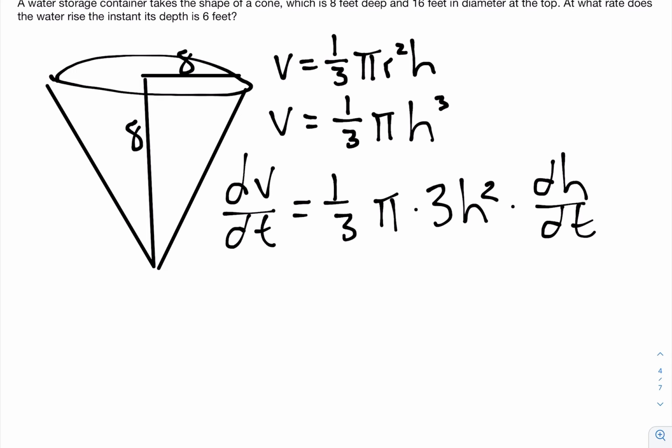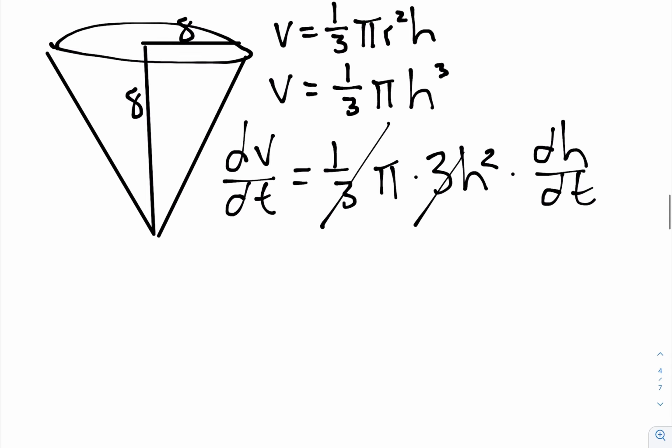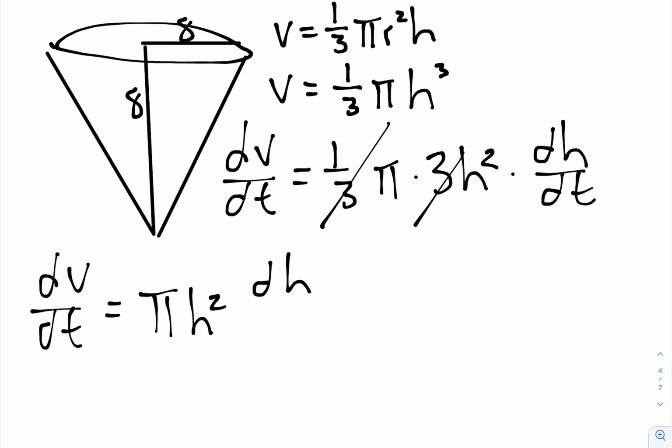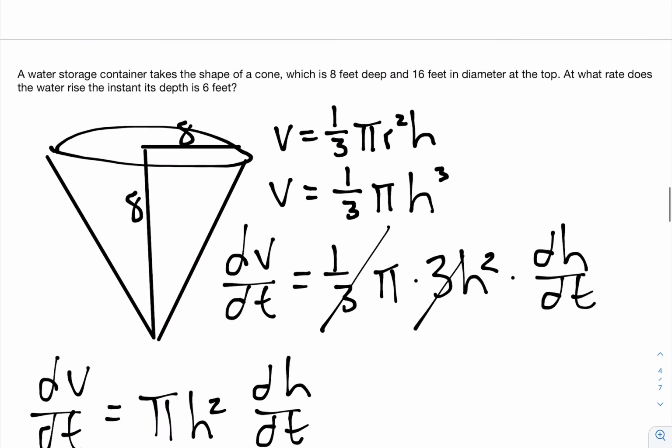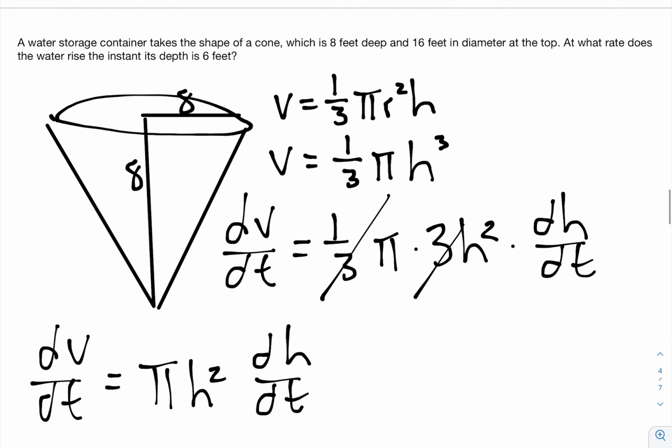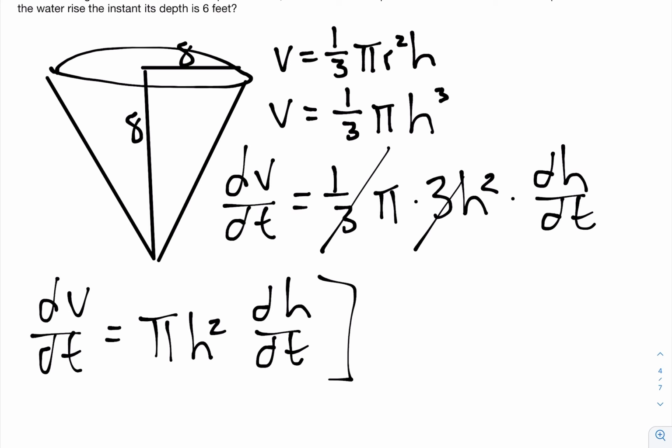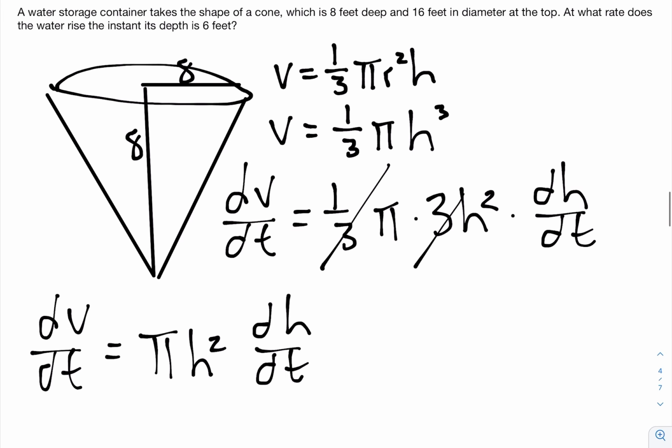So this is going to be nice because the 1/3 and the 3 are going to cancel. So dV by dt is going to be pi h squared dh by dt. So we're looking for what rate does the water rise. So we're looking for dh dt right here. That means we must know what h is, the depth. So that's the 6 feet here.